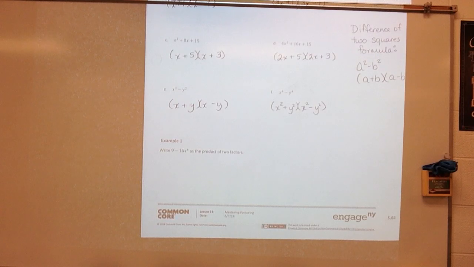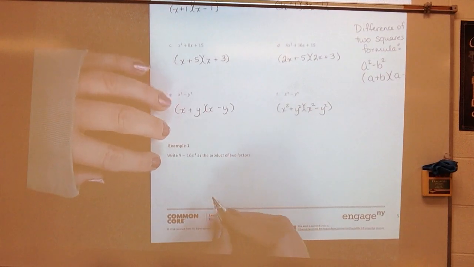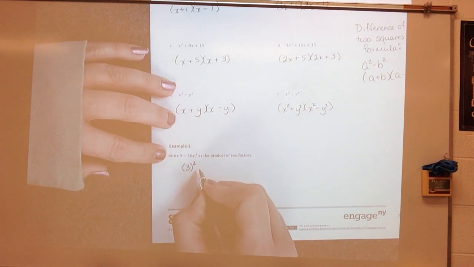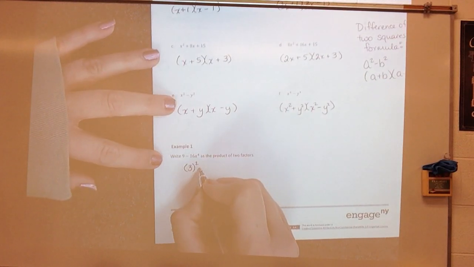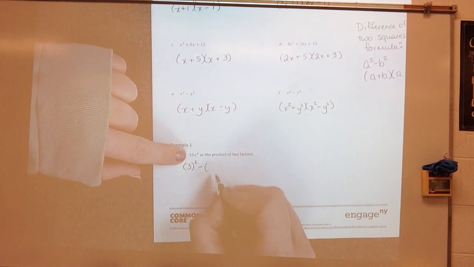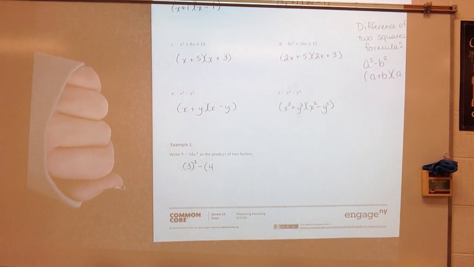Well, think about this. 9 is a perfect square. 16 is a perfect square. So I can look at this as 9 is 3 squared, and I'm going to put that minus. 16 is 4 squared.